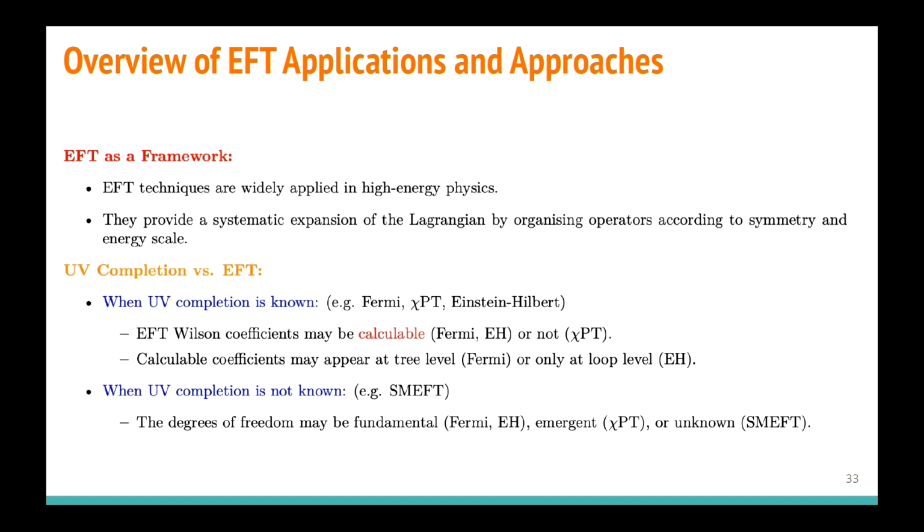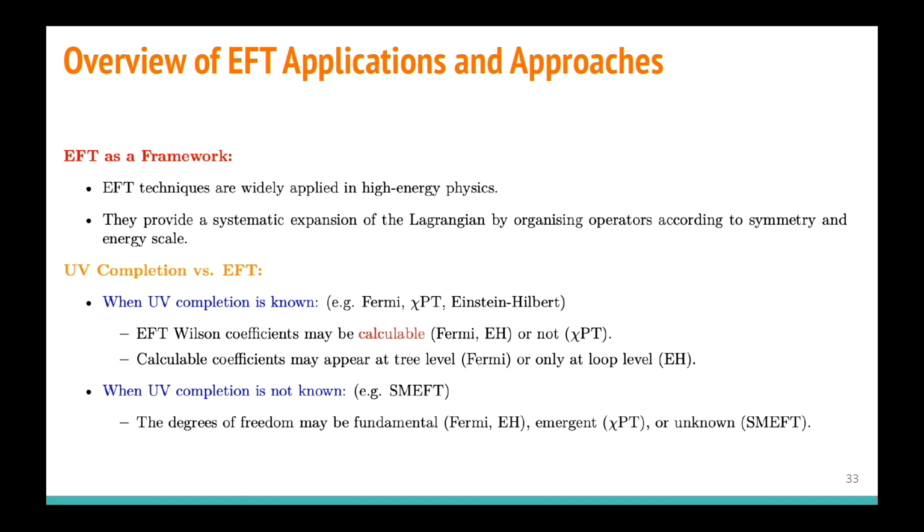So what is EFT as a framework? It is a technique widely applied across various fields in particle physics, and it provides a systematic expansion of the Lagrangian, where we organize the operators according to symmetry and energy scale.